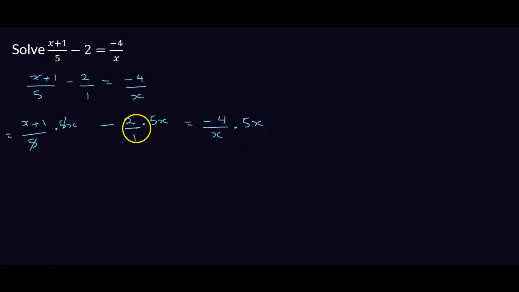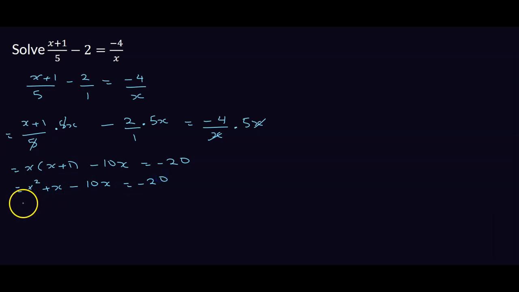So let's cancel things out. We have x is going to cancel out here. So we're going to have x multiplied by (x plus 1) minus 10x equal to negative 20. So this is going to give us x squared plus x minus 10x equal to negative 20. So we have x squared minus 9x equal to negative 20.